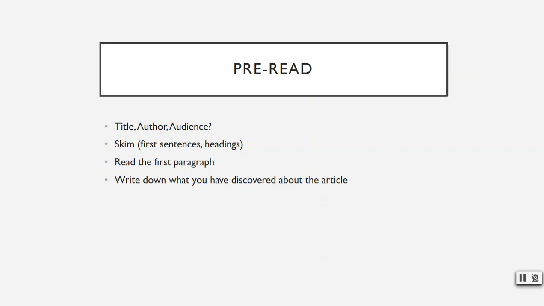And you can do that very easily by simply paying attention to the author and the title and where that particular article was published. Then you should skim through the article itself. If it is a short article, read the first sentence of each paragraph.